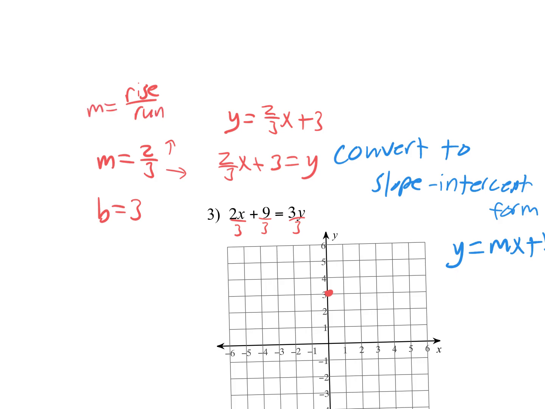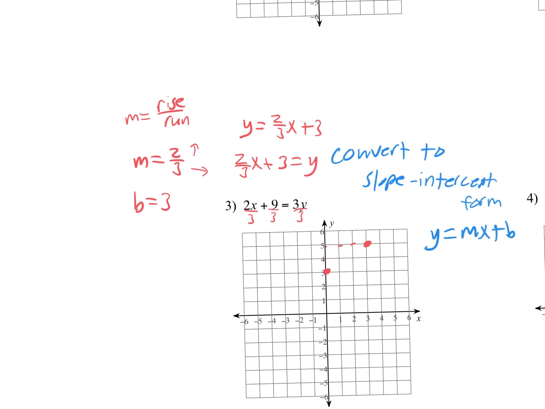So if they're both positive, you're going to go up and to the right. You're going to go up 2 and to the right 3, and that's going to get you right here. And now you just need to connect these 2 points. You don't need any more points than this. You just need 2 points. And then you just extend it in both directions.